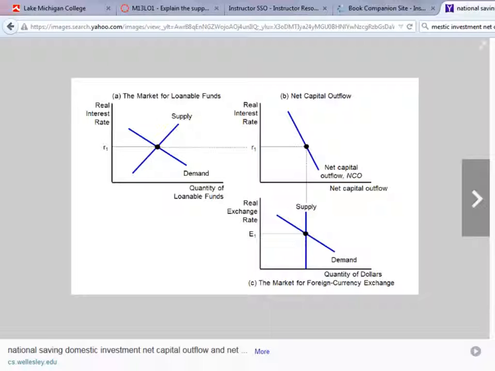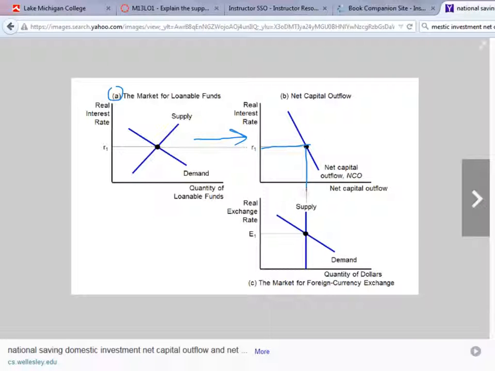Taking the loanable funds market that we've just looked at in the previous slide, which is panel A, if we take that real interest rate and extend it over, follow my arrow here, we see that that real interest rate will hit net capital outflow.